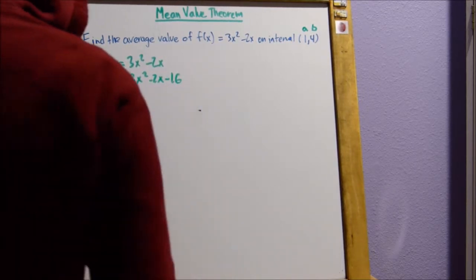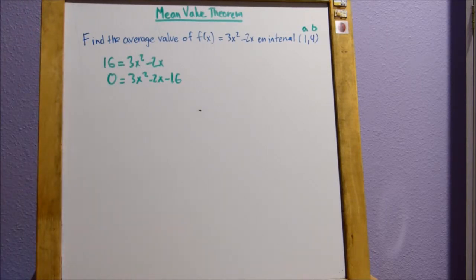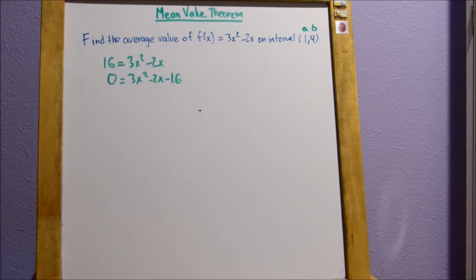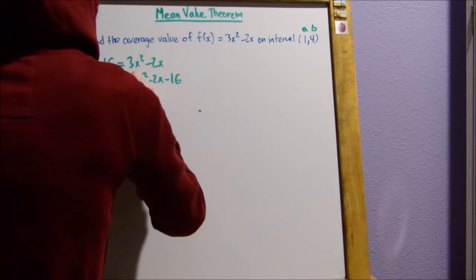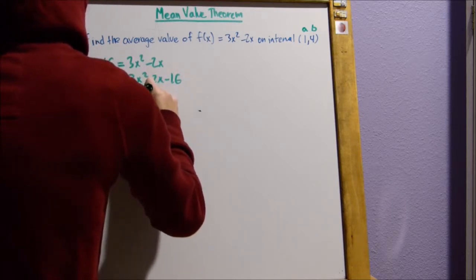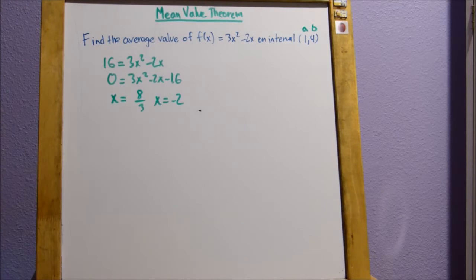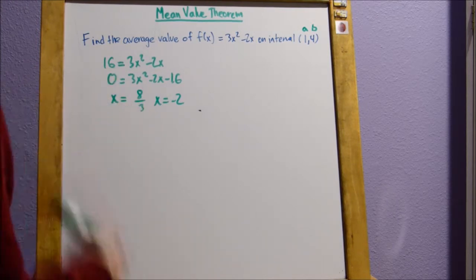And now I think I'm going to use my calculator to find what this perfect number is, because I don't think it solves nicely. So it ends up being x equals 8/3 and x equals -2. Let's see which one seems more reasonable.